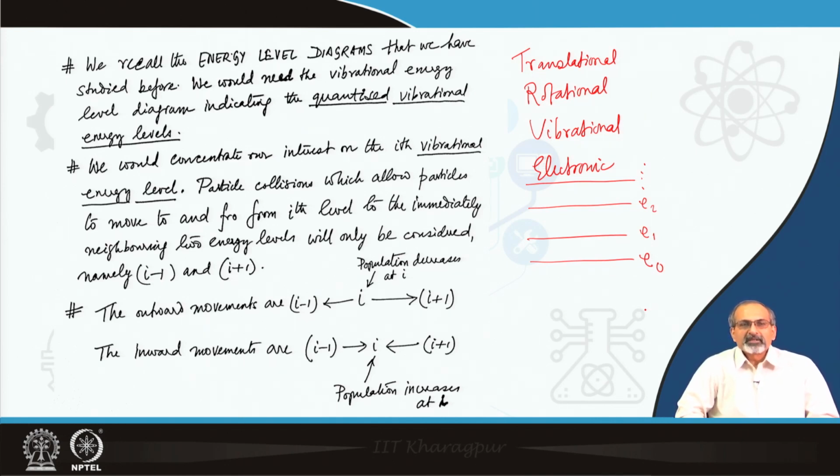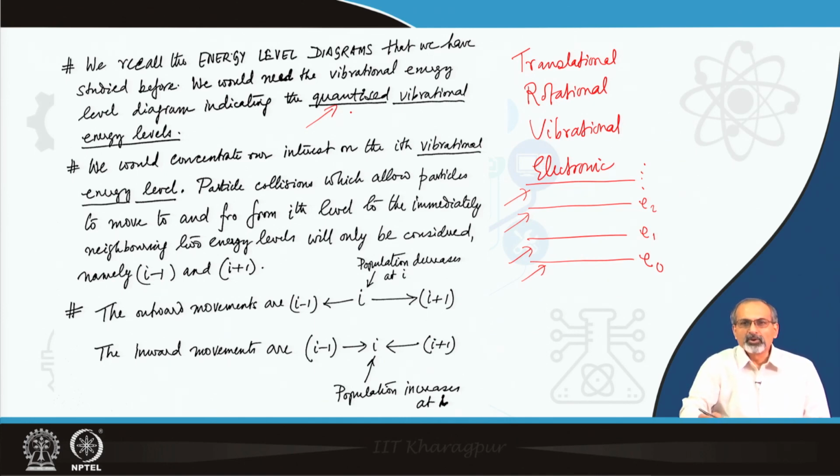We would need the vibrational energy level diagram indicating the quantized vibrational energy levels. We know already that these levels are discrete, distinct levels of energy. That is what we mean by quantized. The vibrational energy mode is no exception.